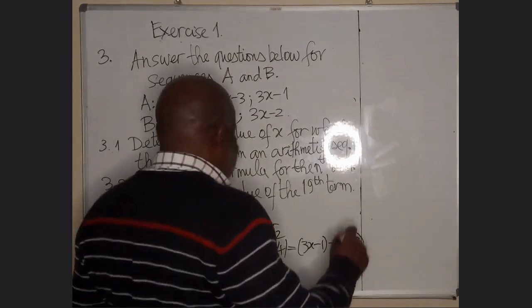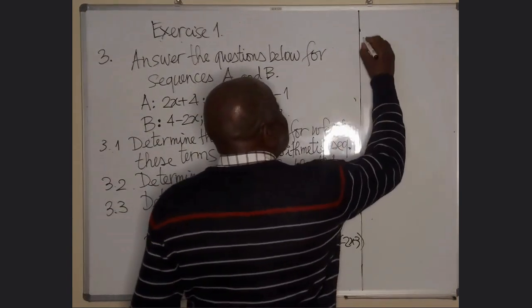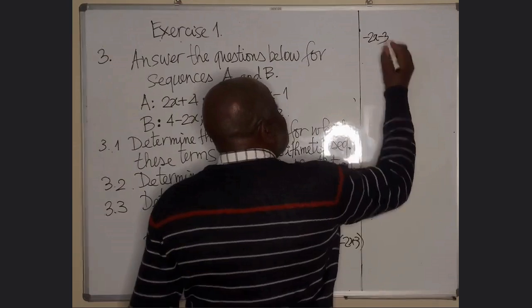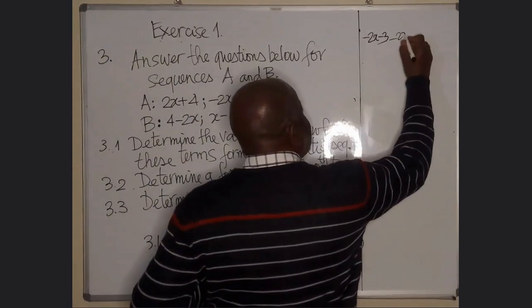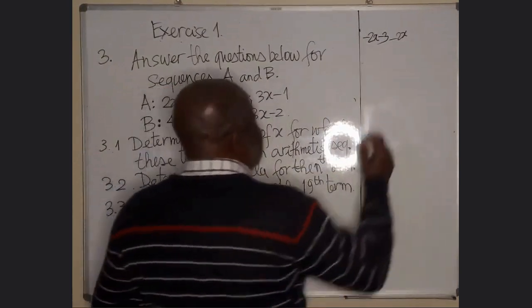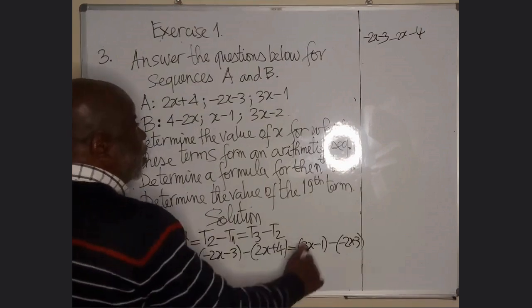We're going to solve here. We'll have negative 2x minus 3 minus 2x minus 4, and then we'll go to the next one.